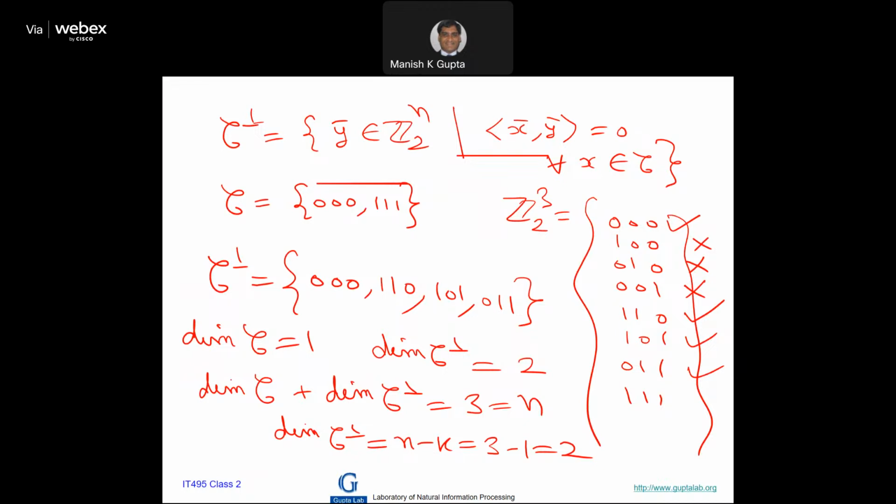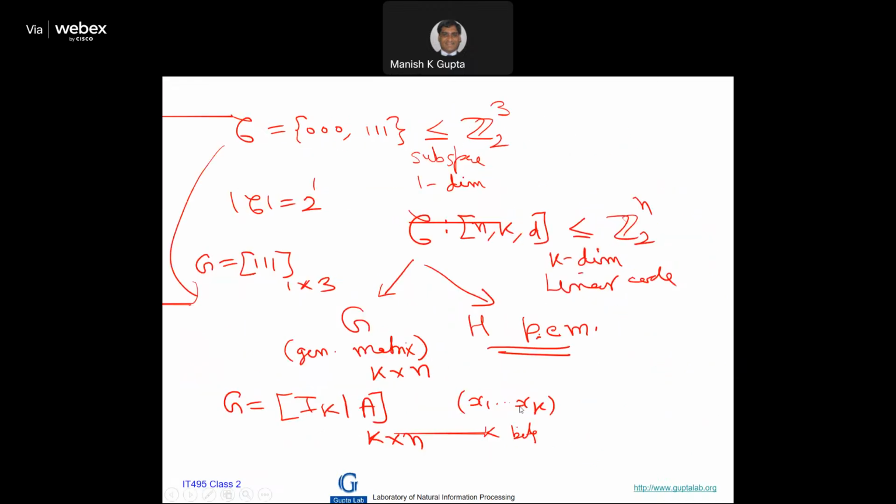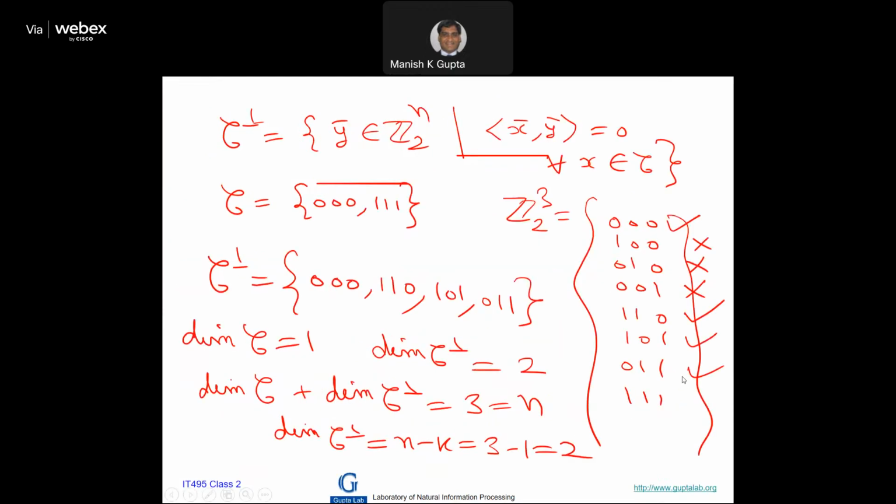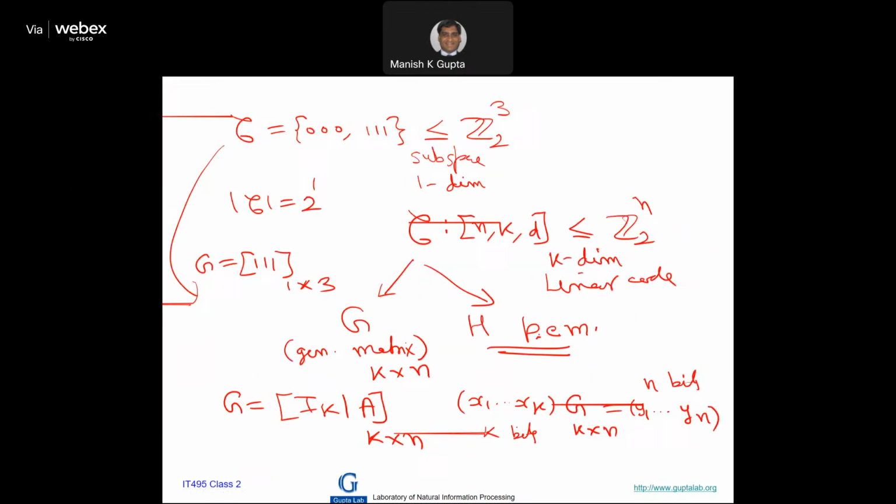You multiply with G, which is k cross n, and you will get, say, y1 to yn, n bits. Basically, this is one row, k columns. K bits multiplied by G gives you n bits.